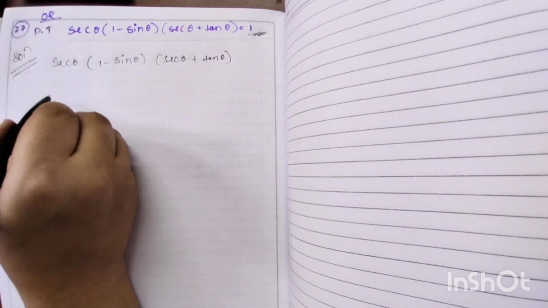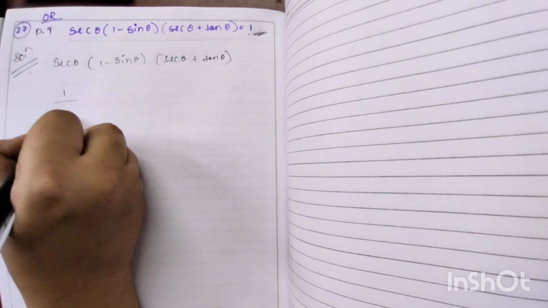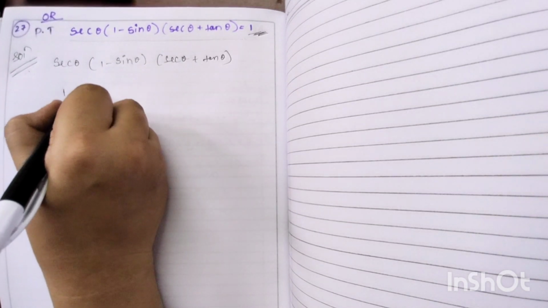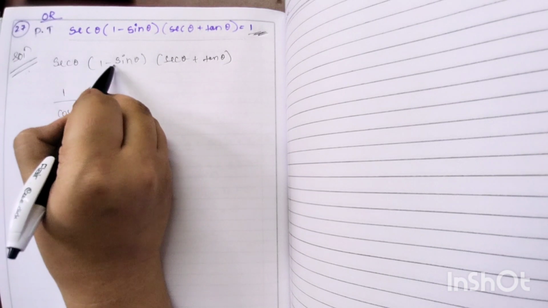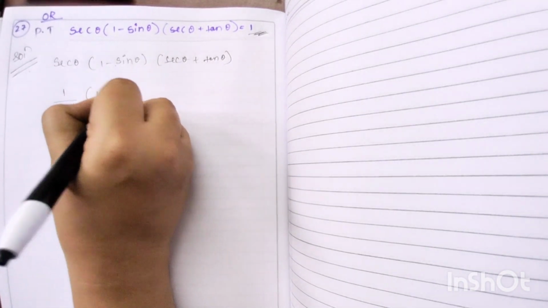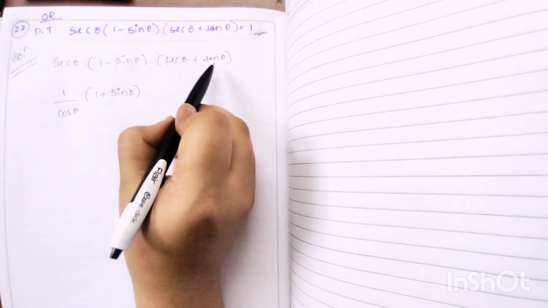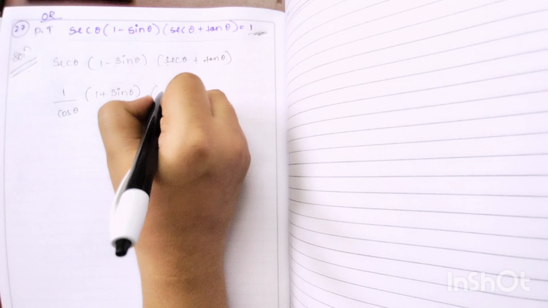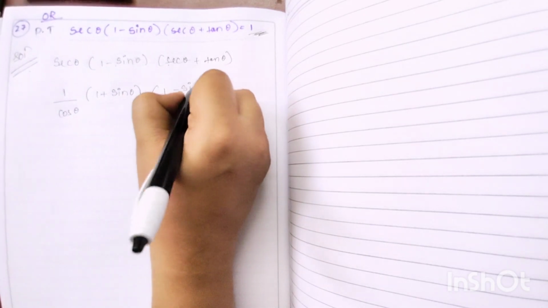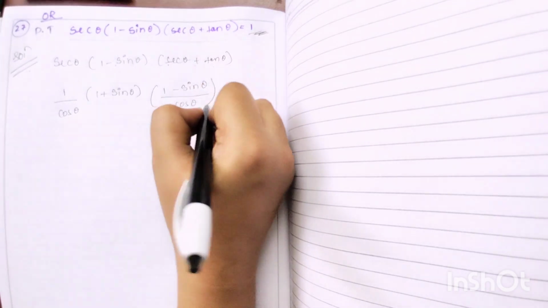So we can write secant theta as 1 by cos theta, correct? Then we can take 1 by 1 minus sine theta as 1 plus sine theta, and then secant plus tan theta is nothing but 1 minus sine theta divided by cos theta.